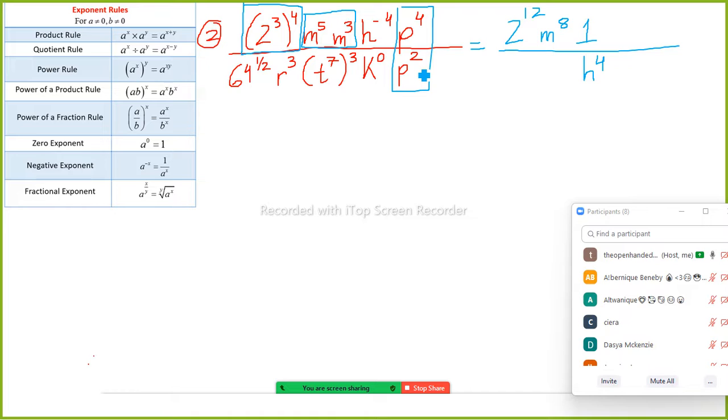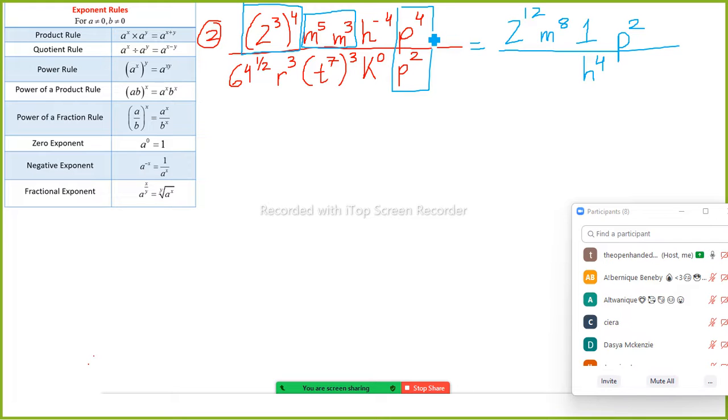What did we do last time? P to the 2nd power. That's correct. And we got that because why? Because 4 minus 2. Very good.